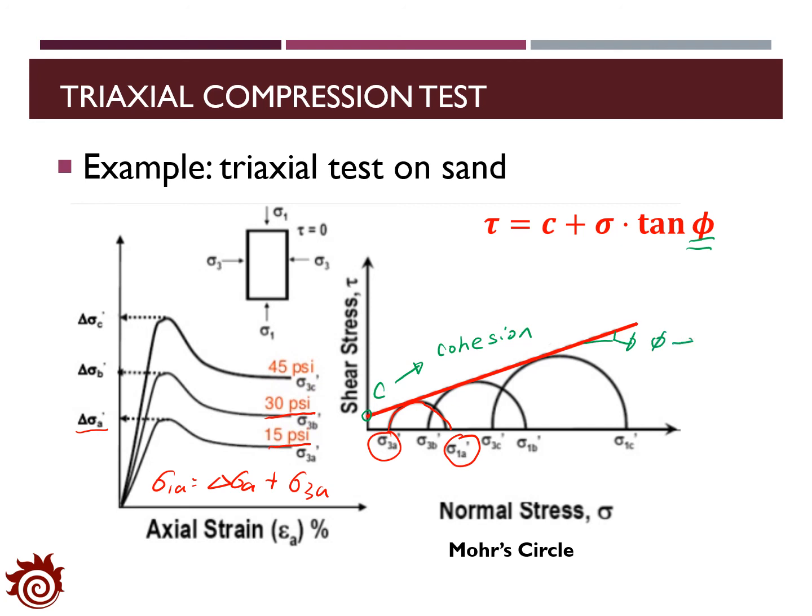It is defined as the friction angle. With these two coefficients, we can find the shear stress as a function of the normal stress. And C and phi are applied to measure the shear strength of the material.